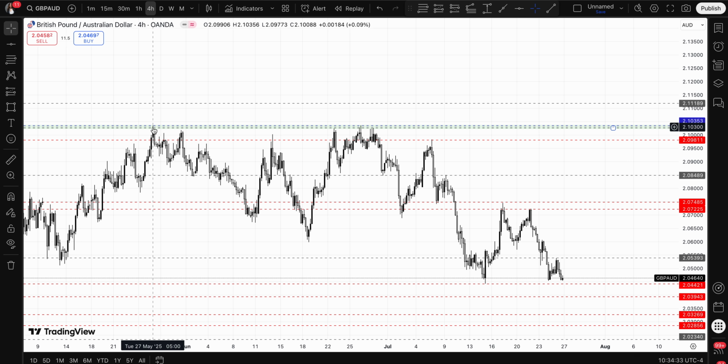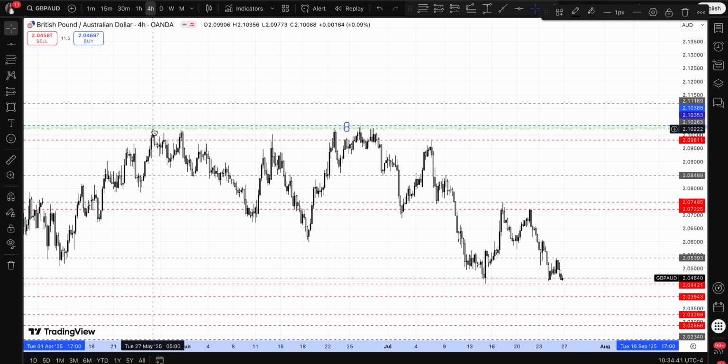This one was 2.10356. That was the high. My high here is 2.10366. So really, I'm only interested in running the Fib from this point on down because I know that the rest of this information is going to be irrelevant to me right now.